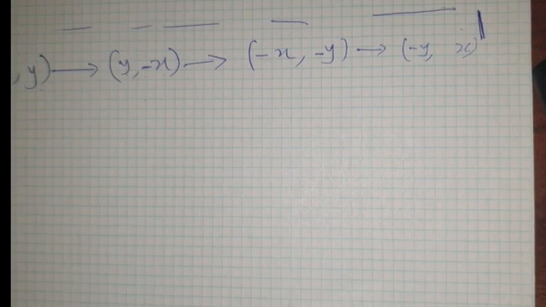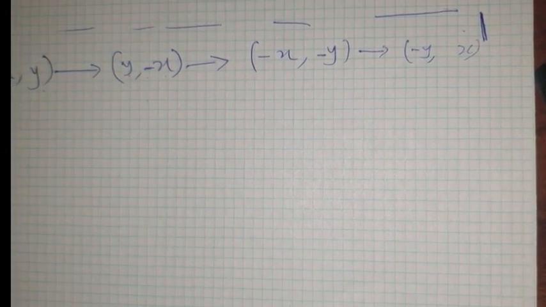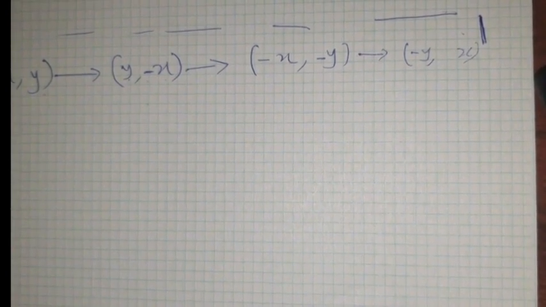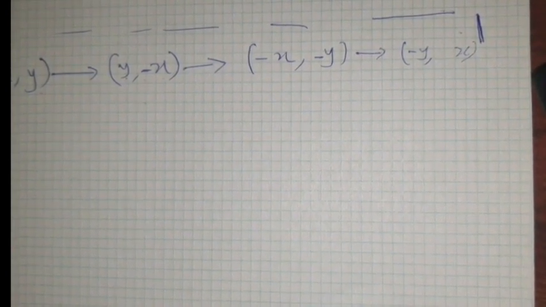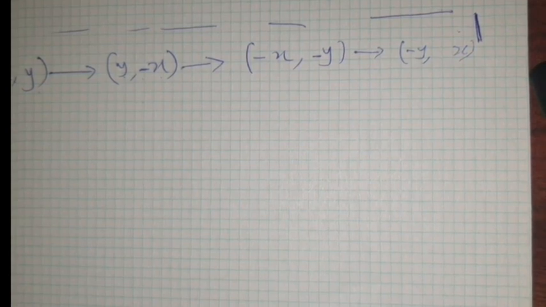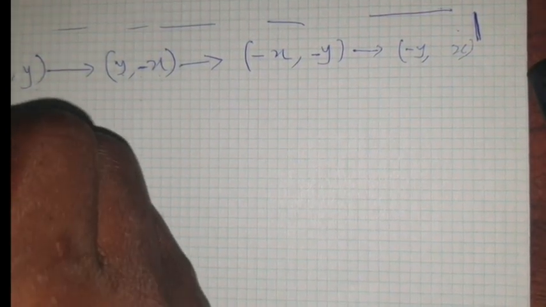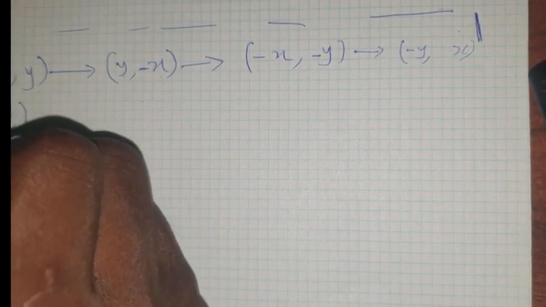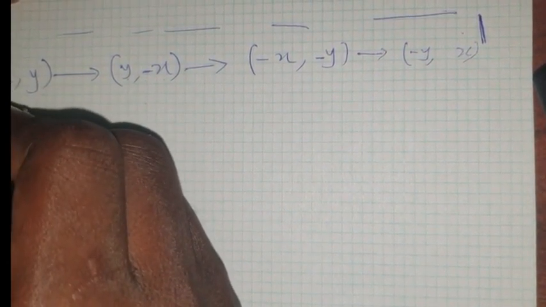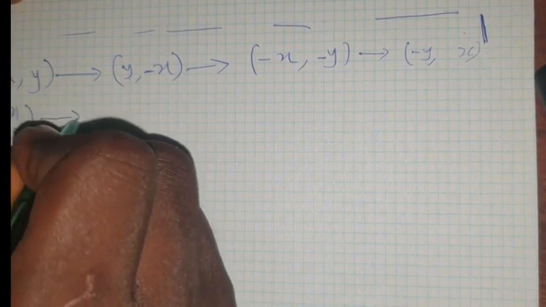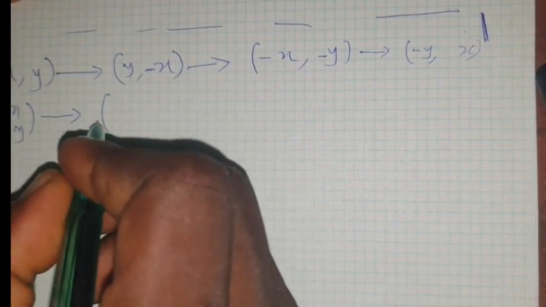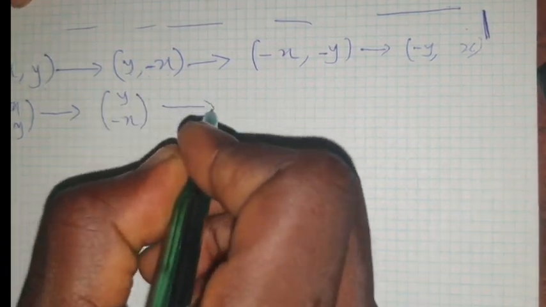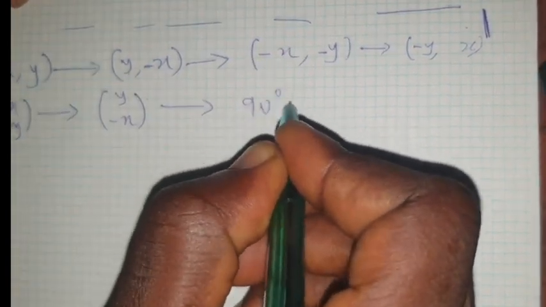Clockwise, we can as well rotate about 180 degrees, 270 degrees, 360 degrees. So let me put it very well. The image of x, y will be y, minus x, that is about 90 degrees rotation.